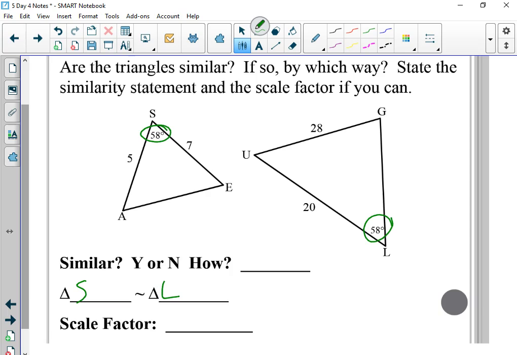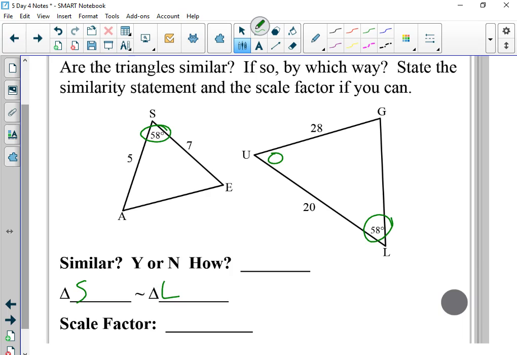Now, if you look carefully, 5 and 7 are the sides that make up the 58. 20 and 28 are not. We would need that 58 to be right here to prove similarity.